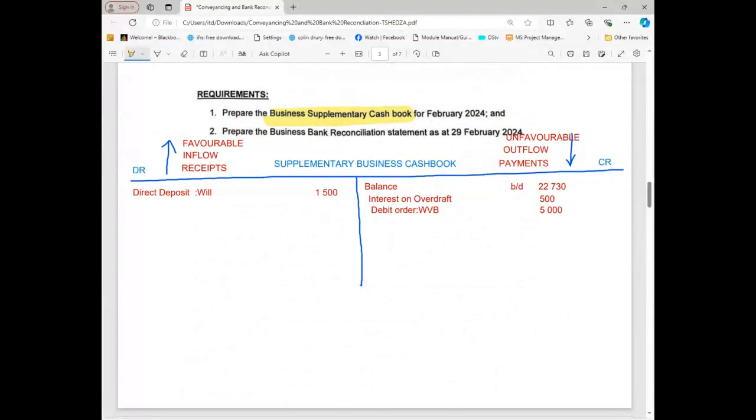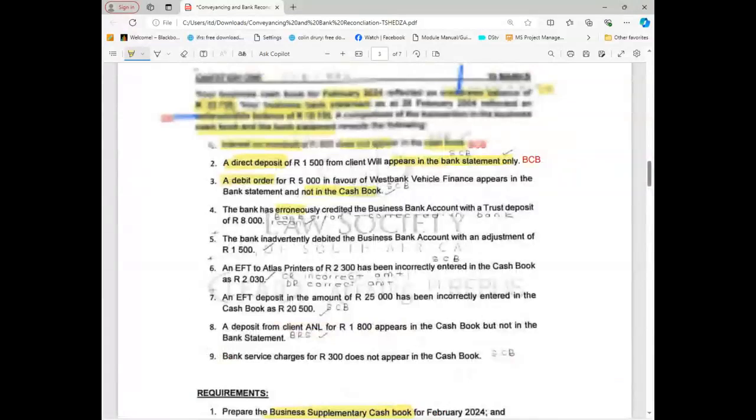Now, if you check the error here, who made the error? It's the bank. So bank errors are rectified in the bank reconciliation statement.